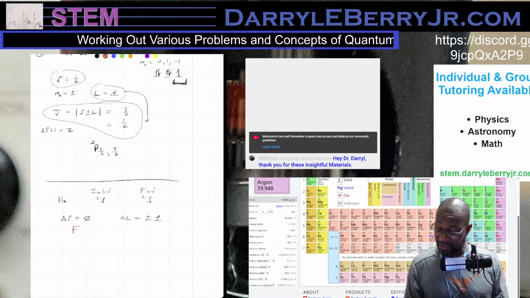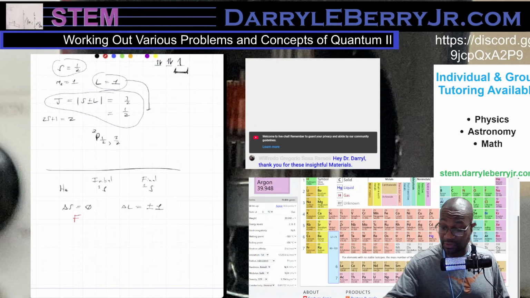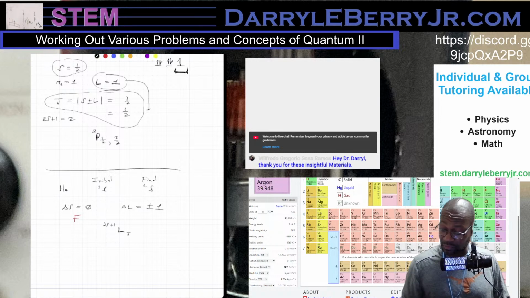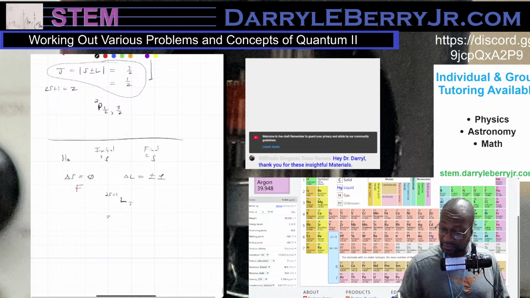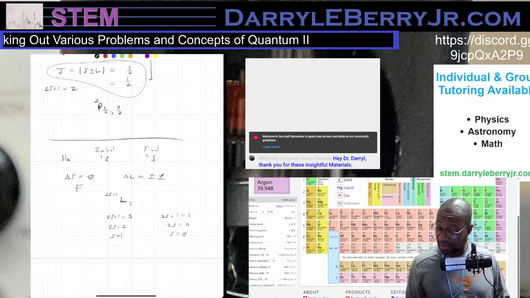And we see that L changed by 2, because remember from our term symbol understanding that it's going to be L, J, and 2S plus 1. So 2S plus 1 equals 3. 2S equals 2. So S equals 1 initially. 2S plus 1 equals 1. 2S equals 0. So S equals 0.